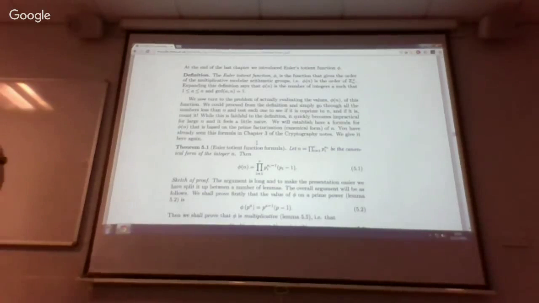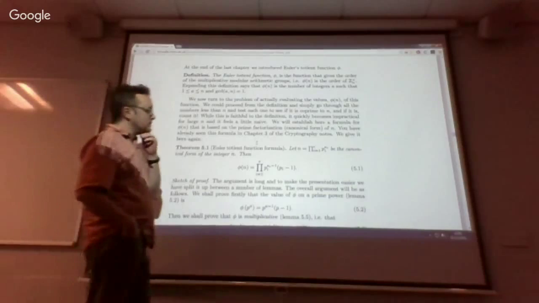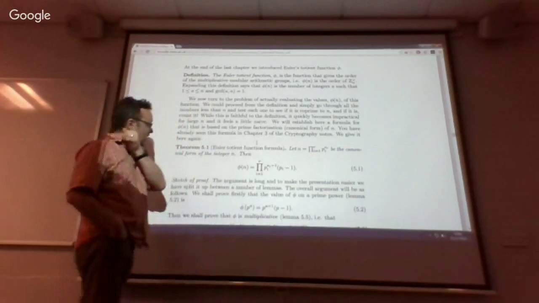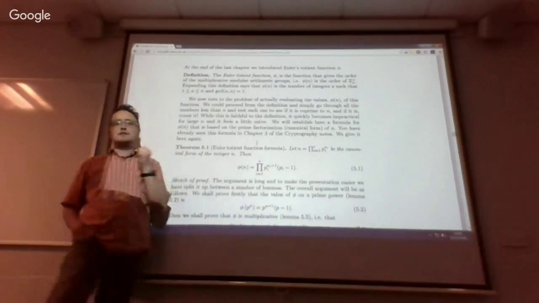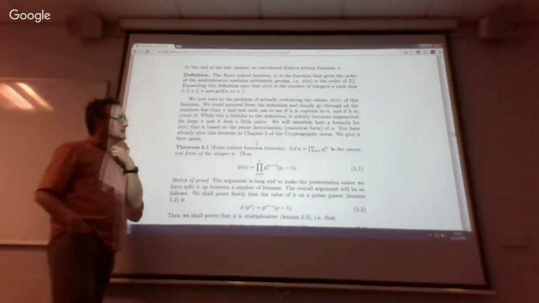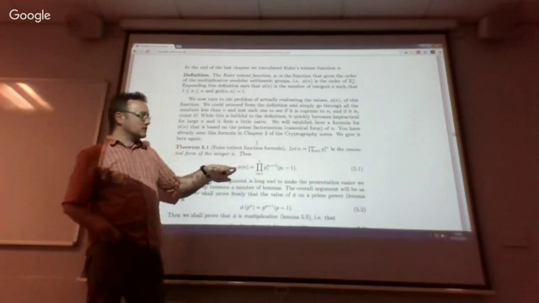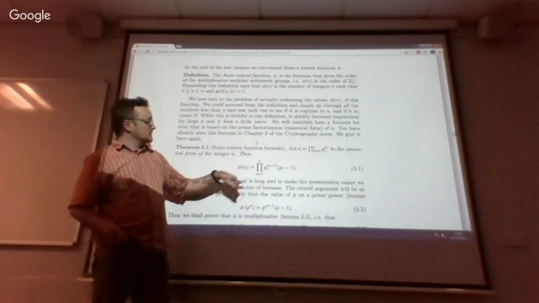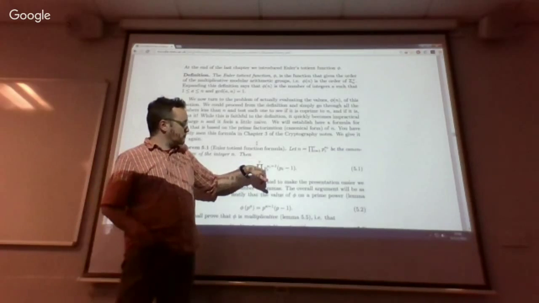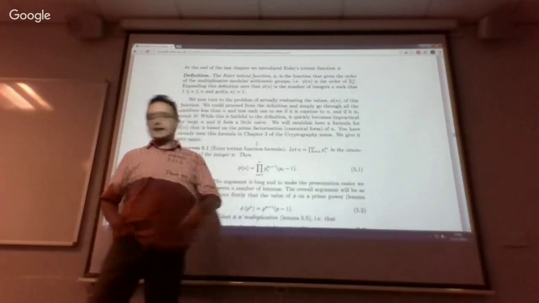We'd like something a lot stronger, which tells you what the value of phi of n is based on properties of the number n. And this is our theorem, which we proved last time, and this is called the product formula for the Euler-Totient function. It's a product formula for the value phi of n. So it's the product based on these elements pi and ai.